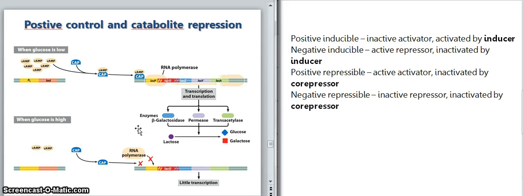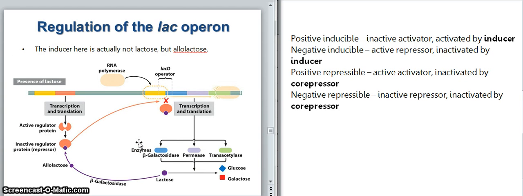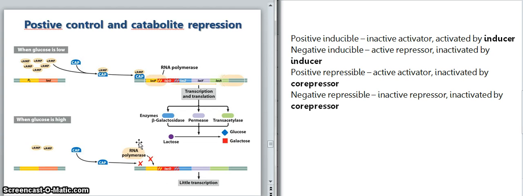So the way this works is through positive control, meaning that there are activators involved in other pathways. And that's a little weird because I just said that the lac operon is a negative inducible operon, but it's also controlled through positive regulation.